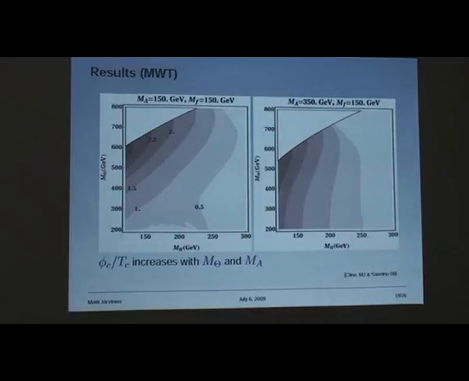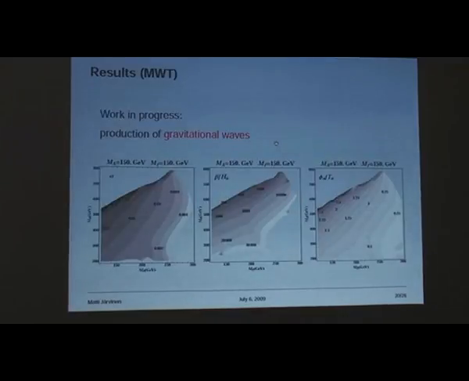And well, I'm basically out of time. I will just tell you what I've been working on recently. This is for the production of gravitational waves. Many of you probably know what these parameters are.